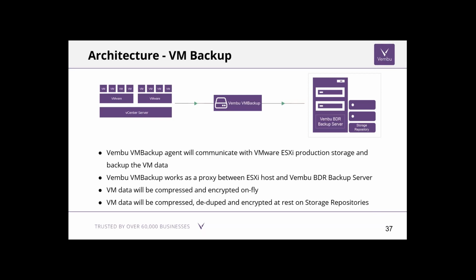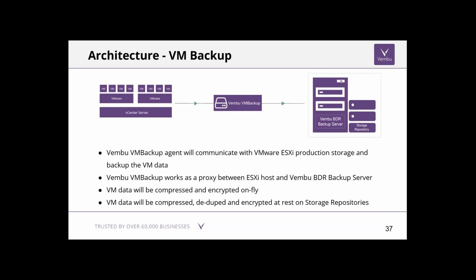This is a typical architecture of a VMware backup. The Vembu VMBackup proxy reads the data from the vCenter or ESXi host and sends the data to the Vembu VDA backup server's storage repository. While transferring, the data is compressed and encrypted on the fly, even over the LAN, so it transfers quickly.